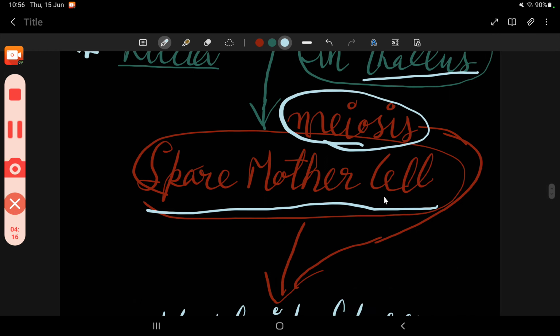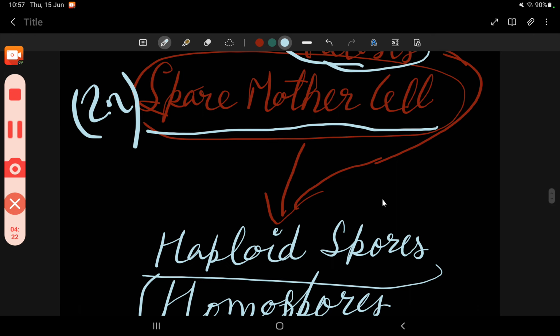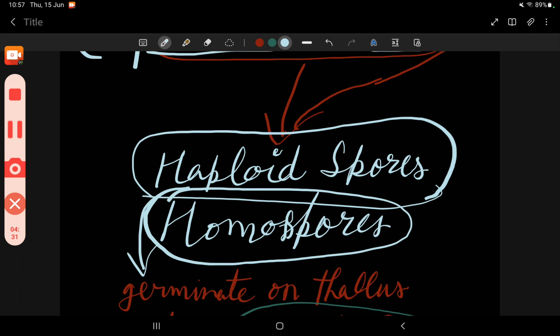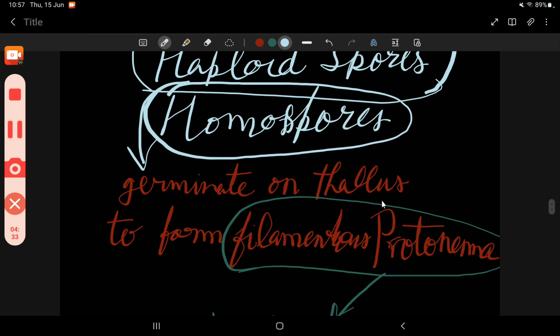Because the spore mother cell is diploid, it undergoes meiosis to form haploid spores, and these spores are homospores. Only one type of spore is formed, which germinates to form a filamentous protonema.